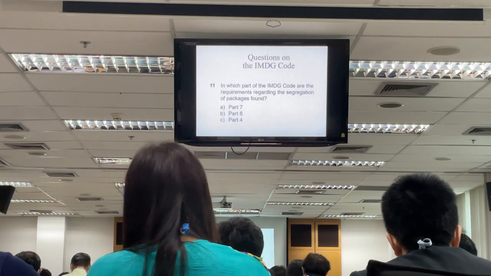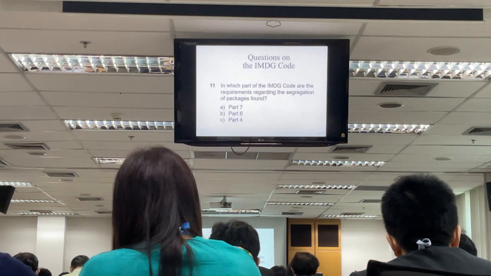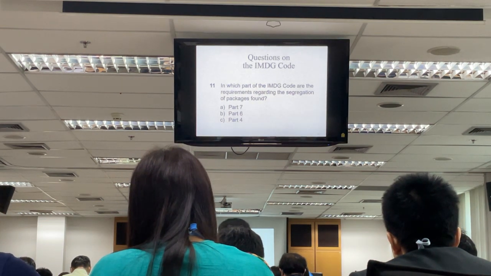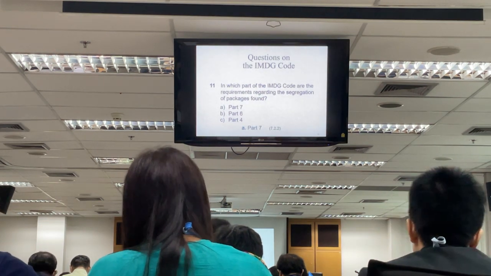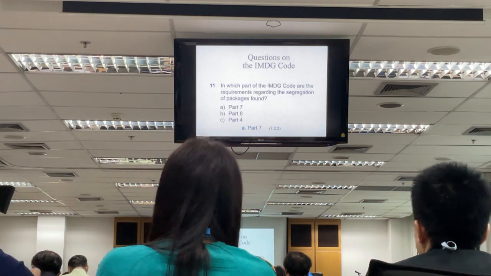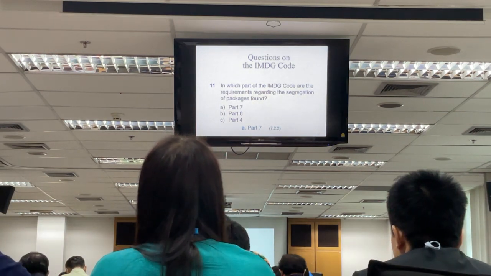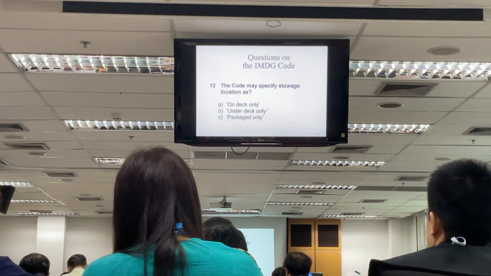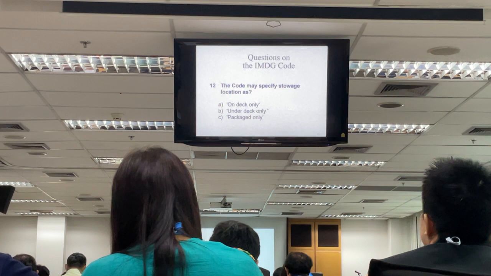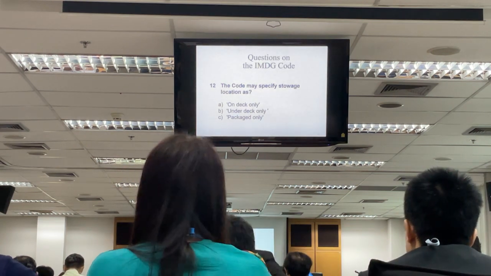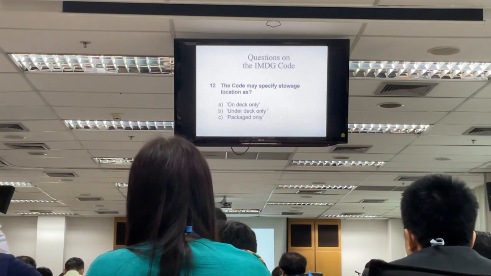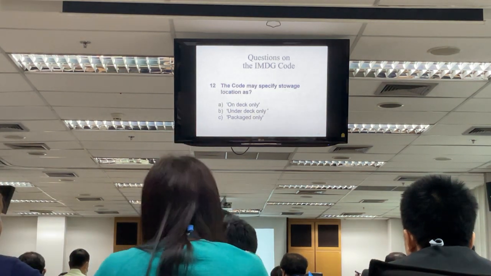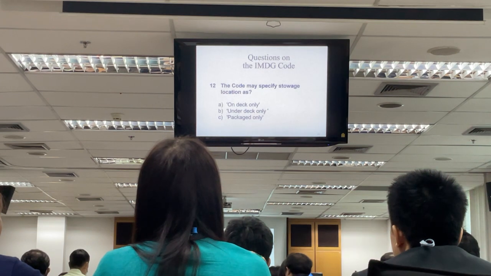In which part of the IMDG code are the requirements regarding the segregation of packages found? Bravo. 7.2.2, okay? We can find the segregation provisions. The code may specify storage location as, of course, there is no under deck only, it's not applicable.